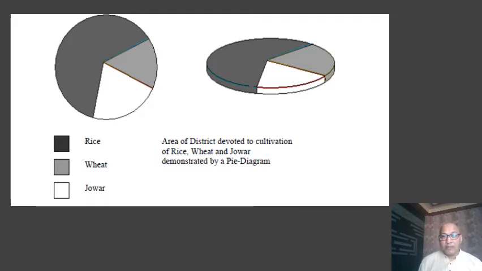Next topic for discussion is frequency distribution. Frequency of a variable is the number of times it occurs in a given data. I am repeating: frequency of a variable is the number of times it occurs in a given data.